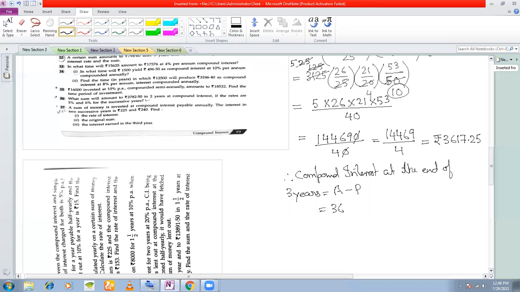Amount is 3,617.25 minus, and principal here is 3,125. So you get here rupees 492.25. Okay, that is how you calculate. Any question here?